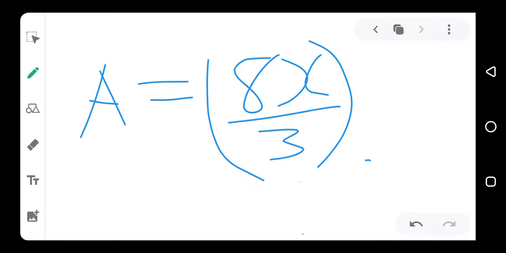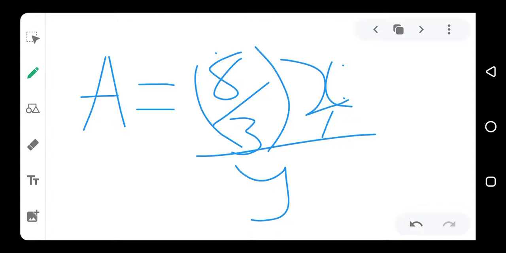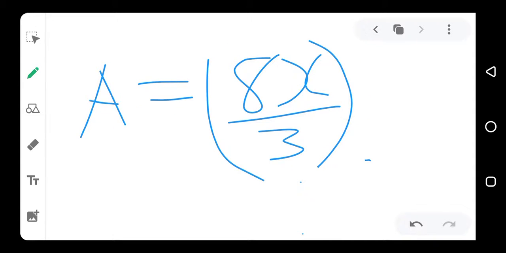Then remember that this means this up one divided by Y. So this Y is standing on its own, and we can also write it as Y over 1.